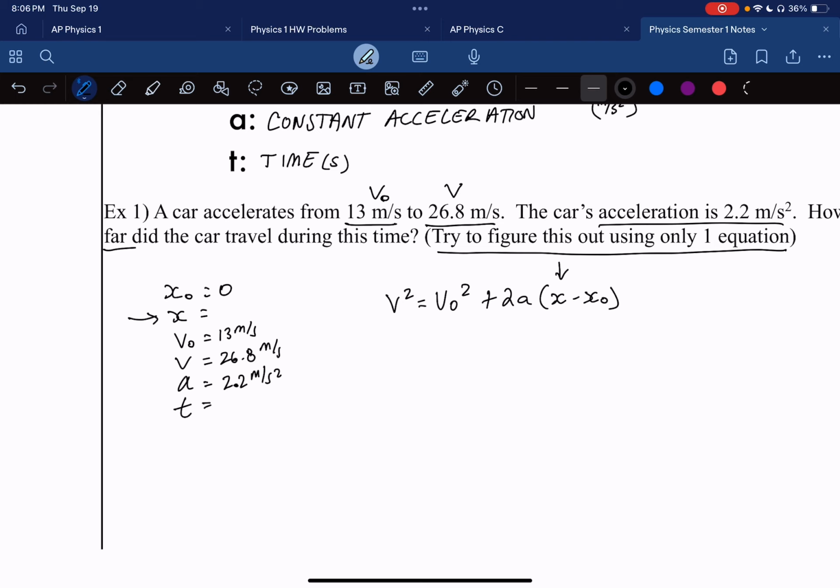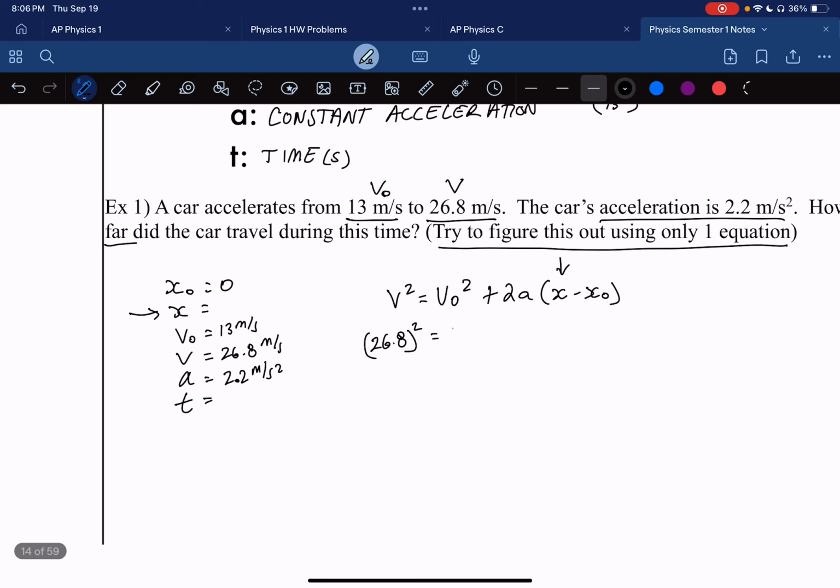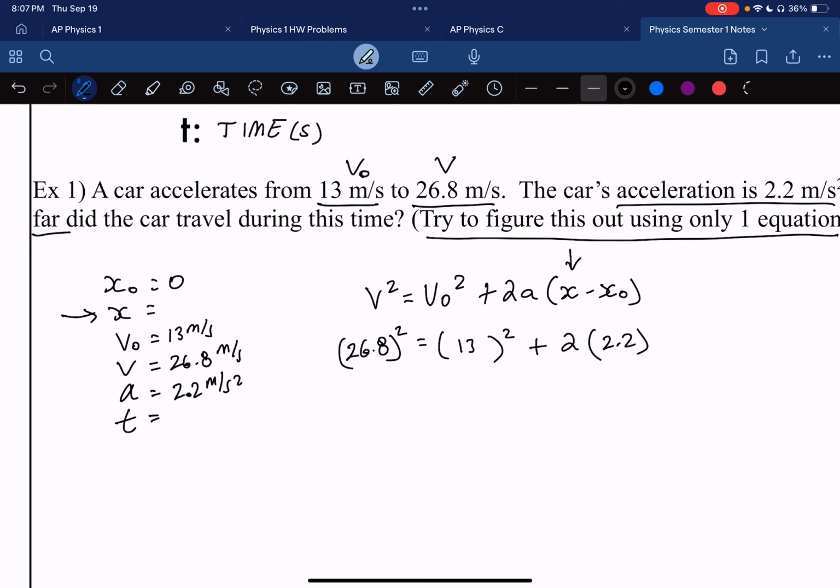Let's start by substituting. We have 26.8. Don't forget the squared. V naught, we're going to substitute, is 13 squared plus 2 times 2.2. And here we're going to be very clever about how we do this.